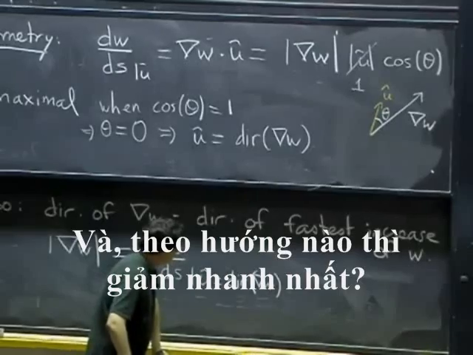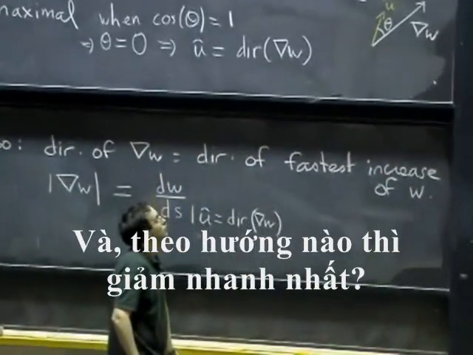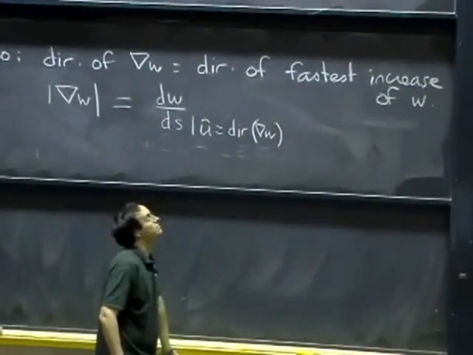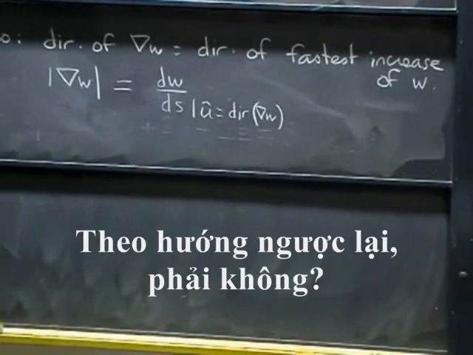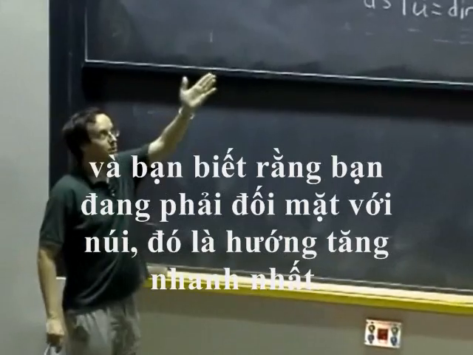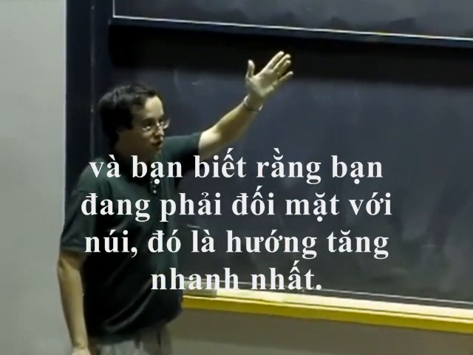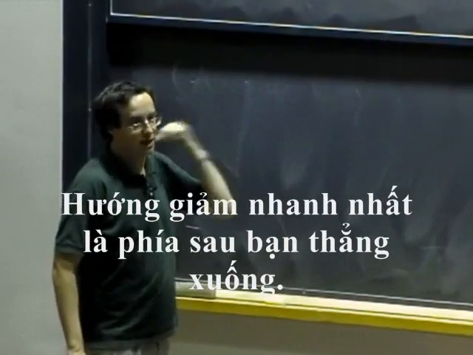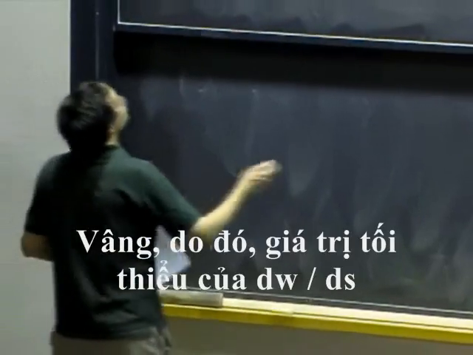And what's the direction of fastest decrease? It's going in the opposite direction, right? I mean, if you're on a mountain and you're facing the mountain, that's the direction of fastest increase. The direction of fastest decrease is behind you, straight down.